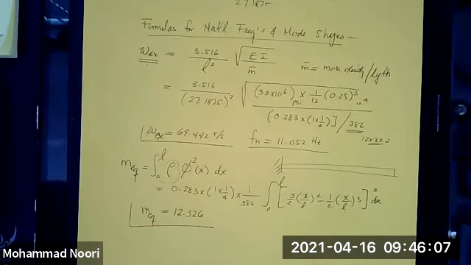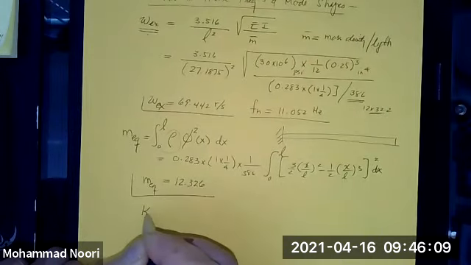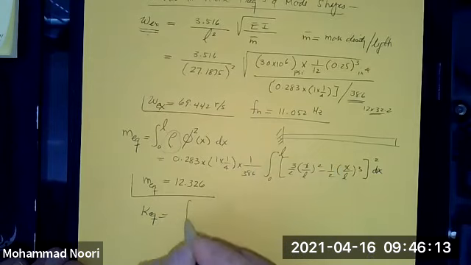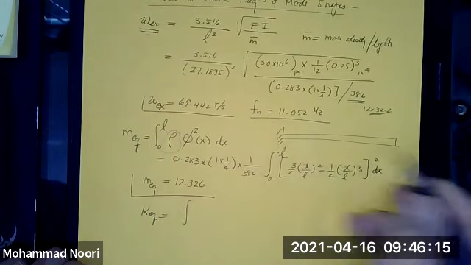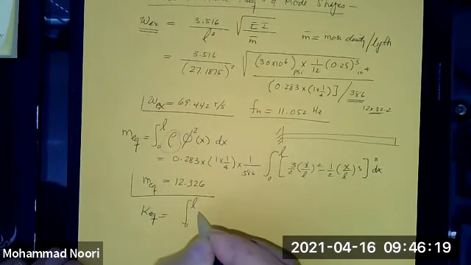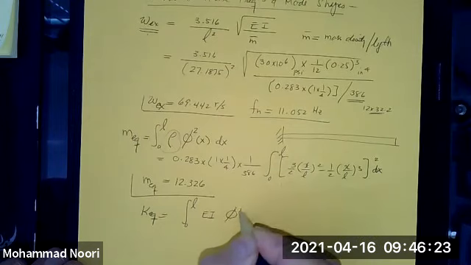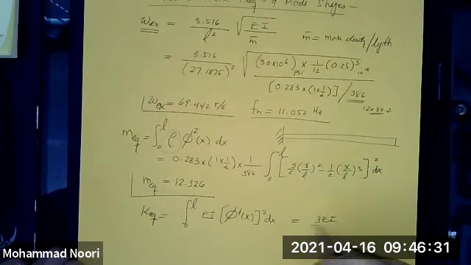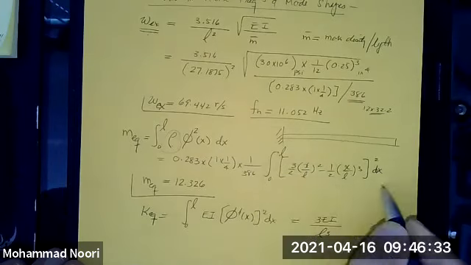That's the mass equivalent. Do the same thing for the stiffness. For the stiffness, of course, you have just a cantilever beam. Of course, you can use this integration, but the end result would be just 3EI over L cubed, the stiffness of the cantilever beam.